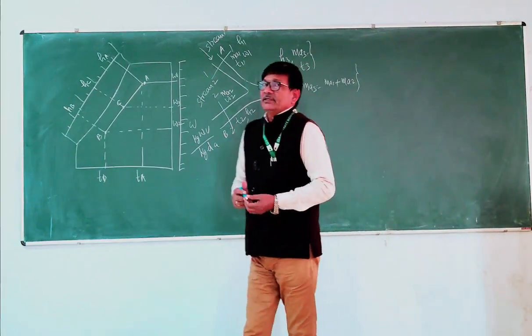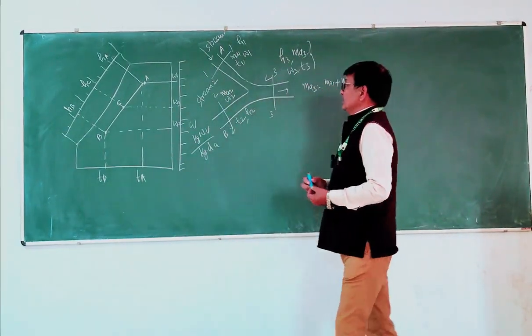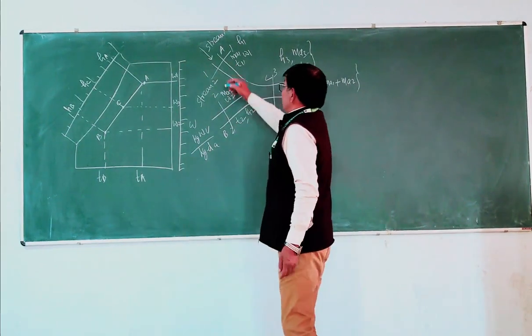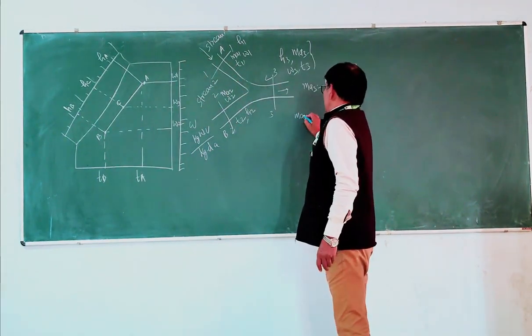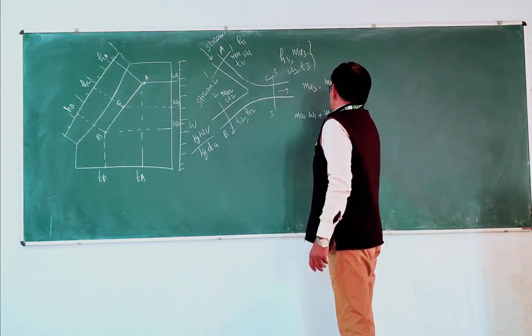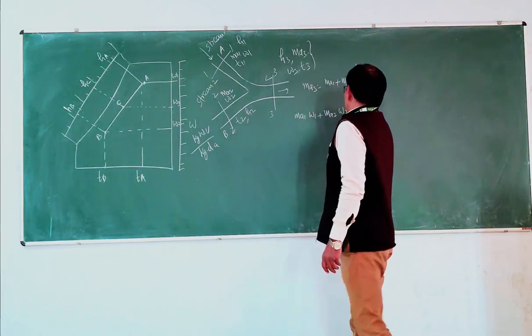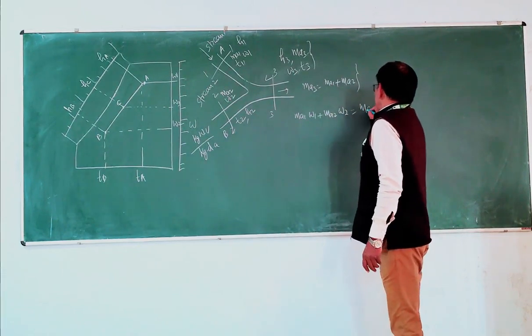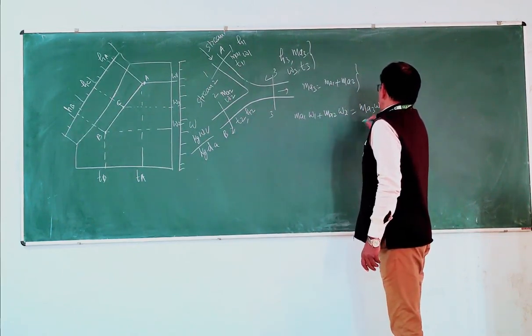So there is a simple equation. For finding it out, you know that MA1 omega 1 plus MA2 omega 2 equals MA3 omega 3. Simple.